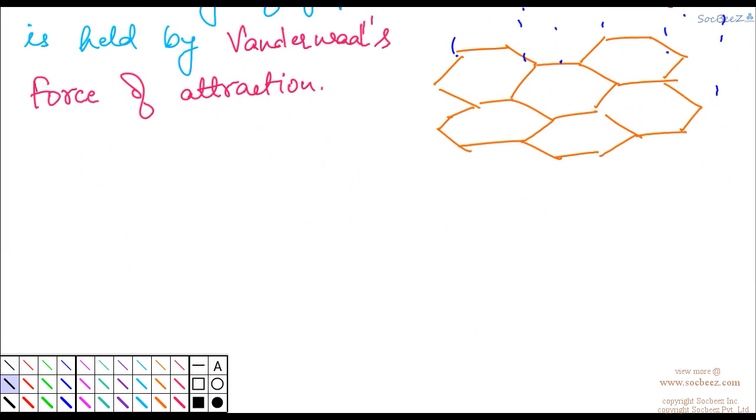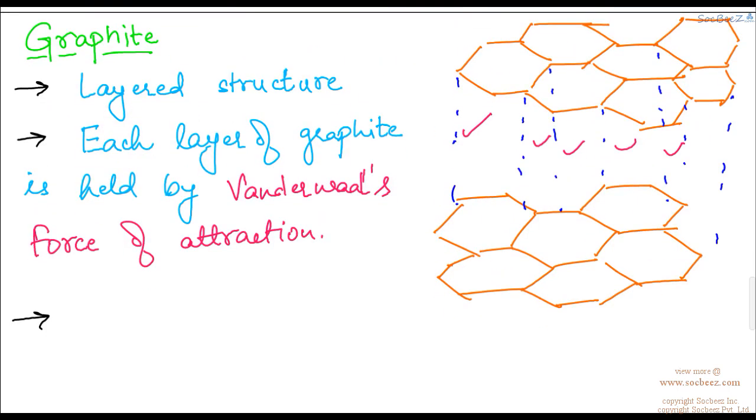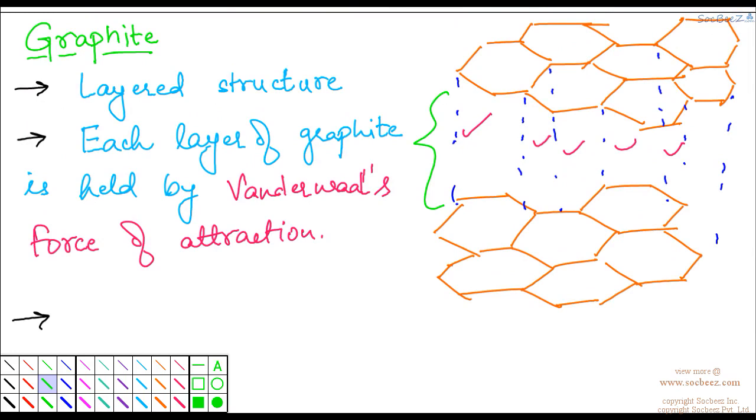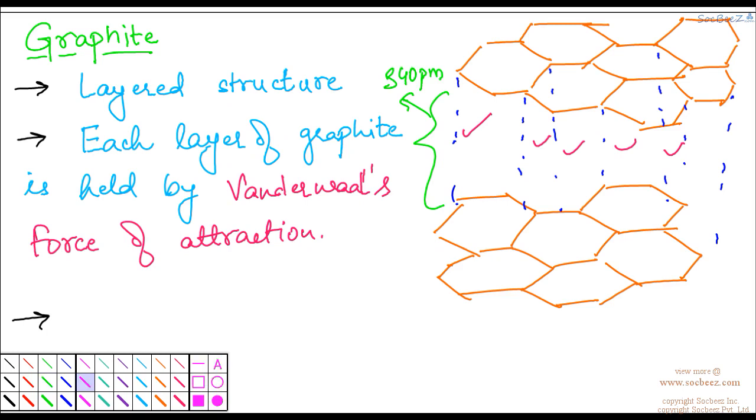Now the distance between these two layers is 340 picometer, but this carbon-carbon bond length is 141.5 picometer.